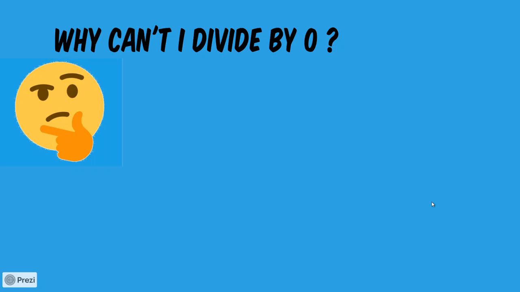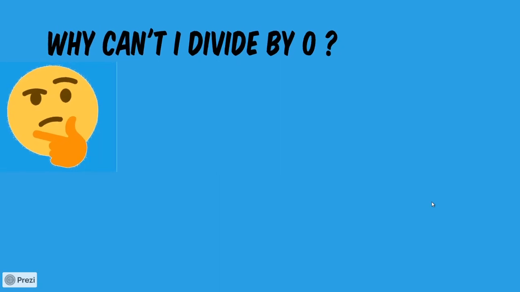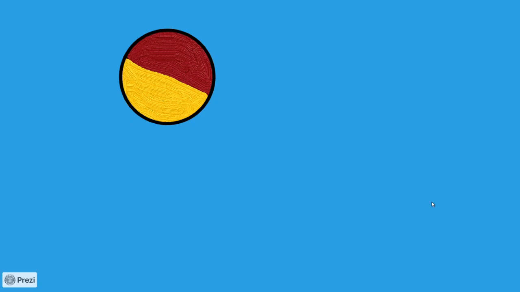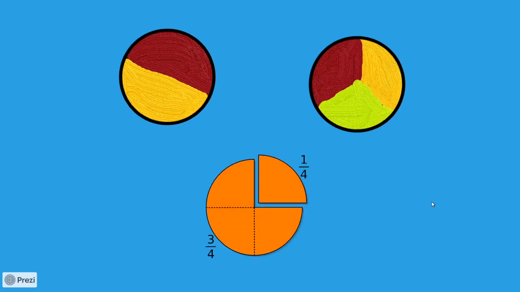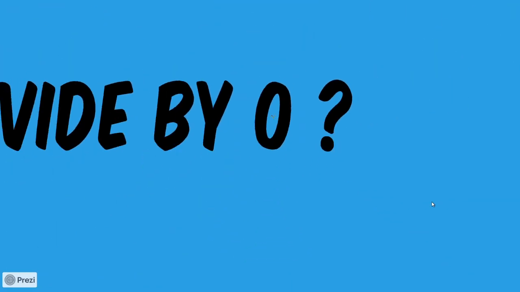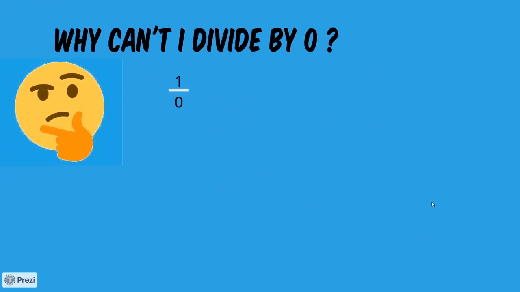What is the problem? Logically thinking, 1 by 2 means one thing you're dividing into two parts. 1 by 3 means one thing you're dividing into three parts. 1 by 4 means one thing you're dividing into four parts. So what does 1 by 0 mean? One thing you're dividing into 0 parts?